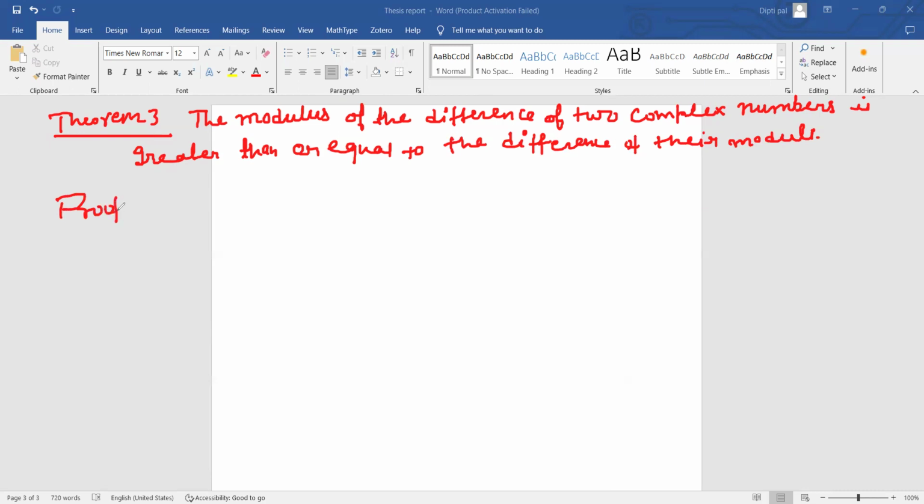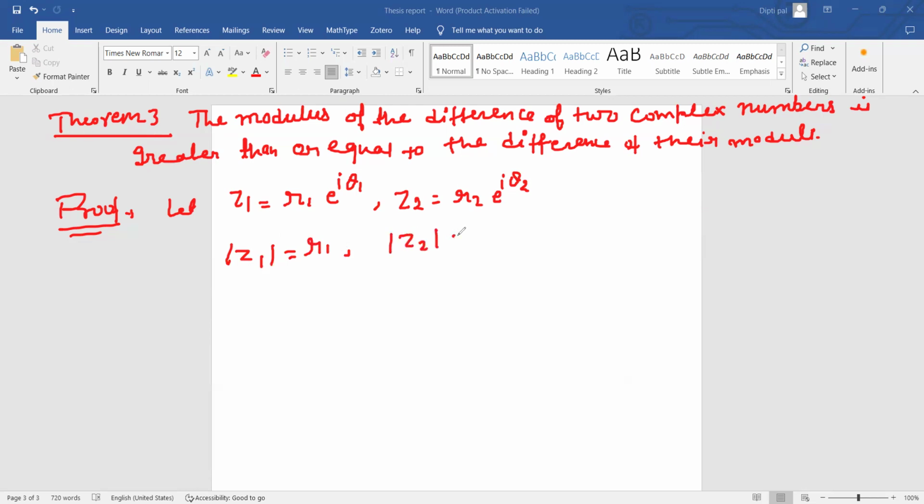So proof: let Z1 equals R1 e to the power I theta 1, Z2 equals R2 e to the power I theta 2. So here modulus of Z1 is R1, modulus of Z2 is R2.